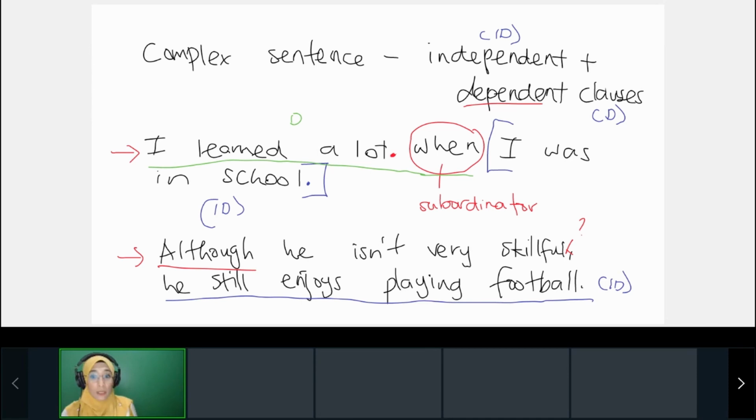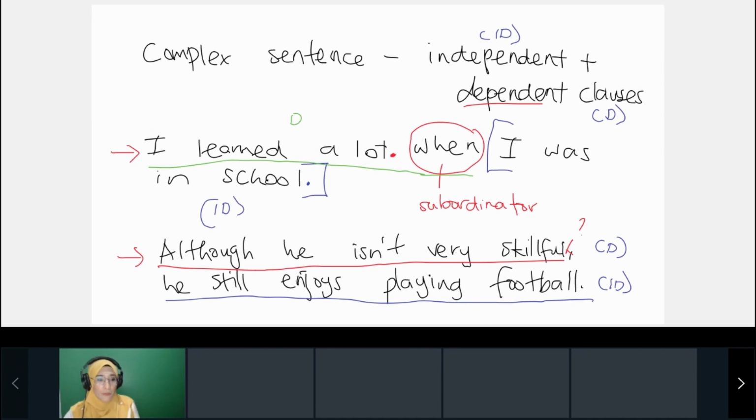But in this case, we are talking about clauses. So the whole thing, although he isn't very skillful, will be considered your dependent clause. It has to depend on this particular clause, because you want to have a complete thought, a sentence that makes full sense of the whole idea of playing football.